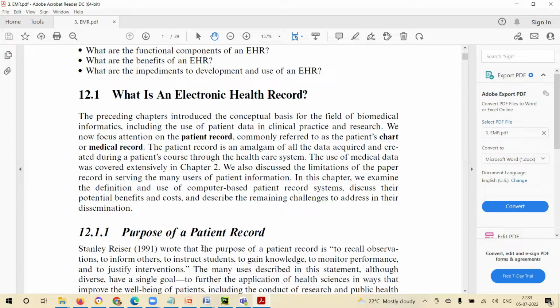EHR will be used by a receptionist for entering or saving patient information, and by nurses to add what we call vital stats in healthcare. Vital stats means your temperature, height, weight, blood pressure, right?